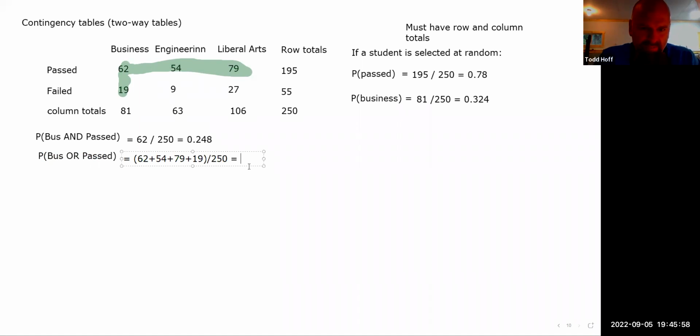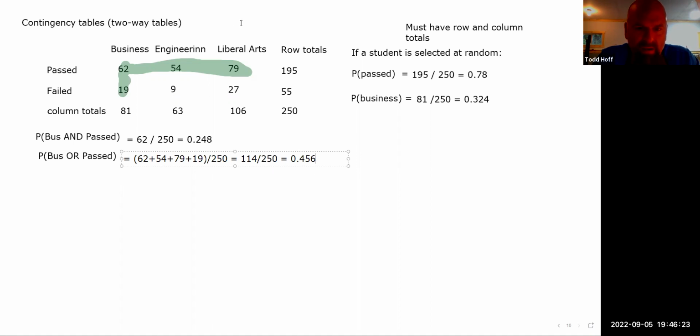Well, adding those up gives us, what is that? 114 out of 250, or 0.456 is that probability.